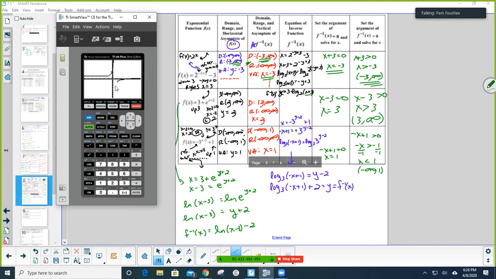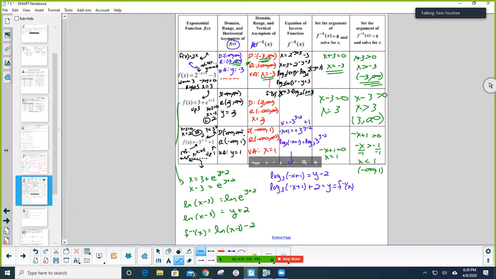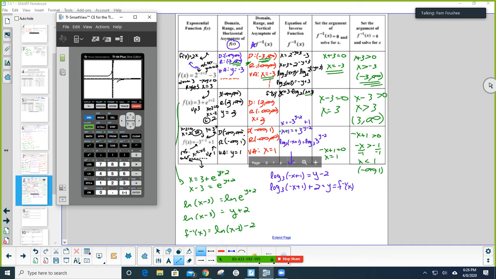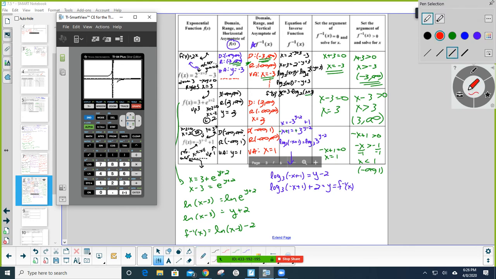And what you'll notice, see how it disappears? It shouldn't really disappear. This is what's wrong with these calculators. This guy should keep going down. It doesn't. I'm going to attempt to draw a line, y equals x, and move it down.